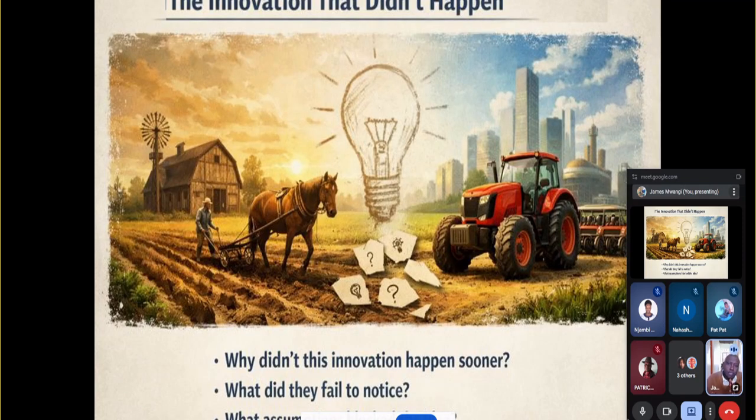So if you look at this picture, you can see the innovation that did not happen. On one side there is a tractor and a city behind, and on the other there's a barn and somebody farming using a horse. What you need to know is the number of years that human beings used horses. Thousands of years. Do you know how many years we have used tractors?